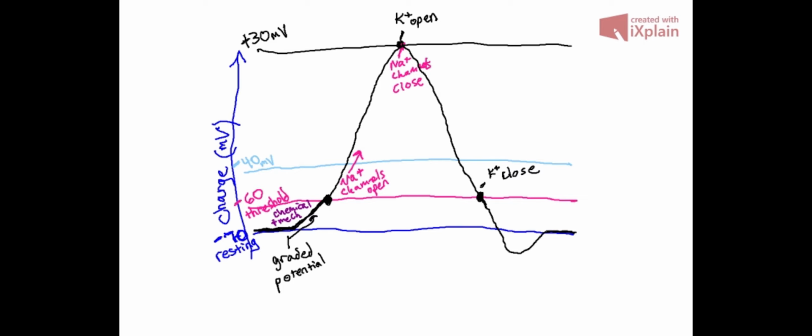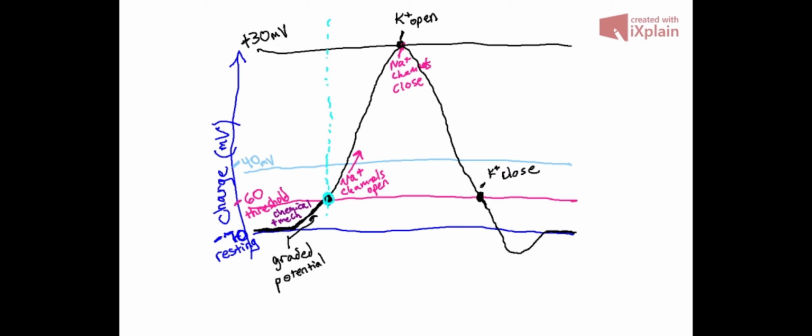Okay, if that makes sense. Now let's look at this some more. Right here, when the sodium channels open, when the voltage of the plasma membrane hits negative 60 millivolts, we can draw just like a dotted line.